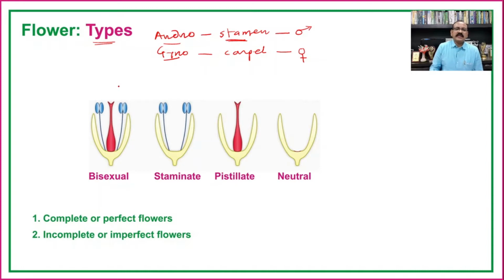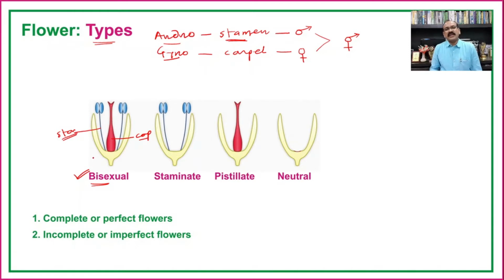It means if both are present in a flower, then the flower becomes bisexual. In this figure we are seeing the presence of stamen, that is the androecium, and the carpel, that is the gynoecium.